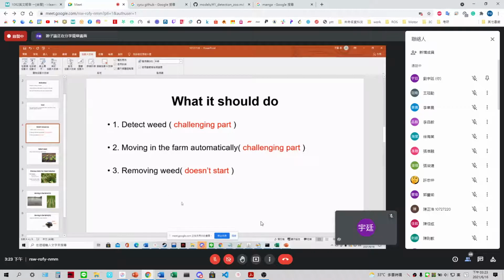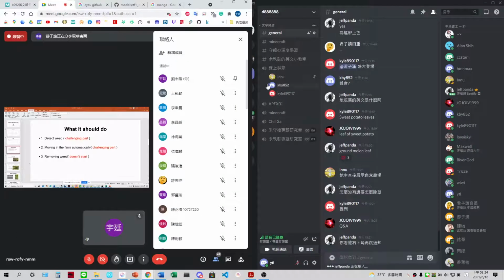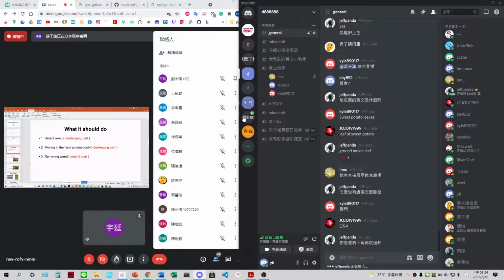Let me just add a comment. Definitely, you cannot solve the whole problem for this project, but you can also consider the approach of not a total automatic approach. You can have something like machine-aided.